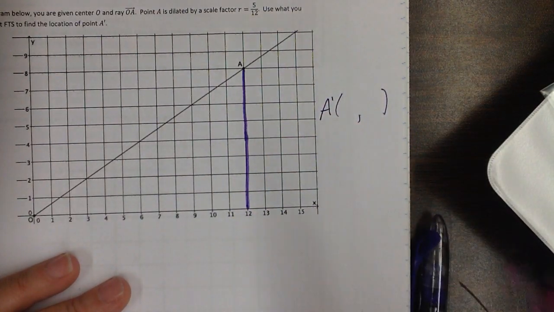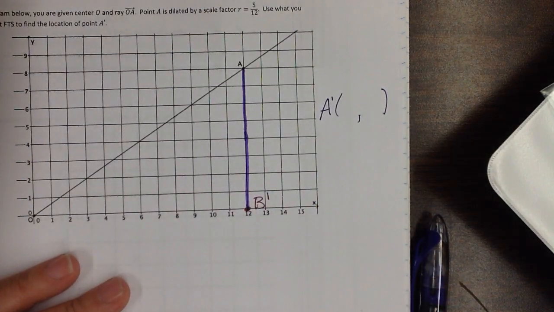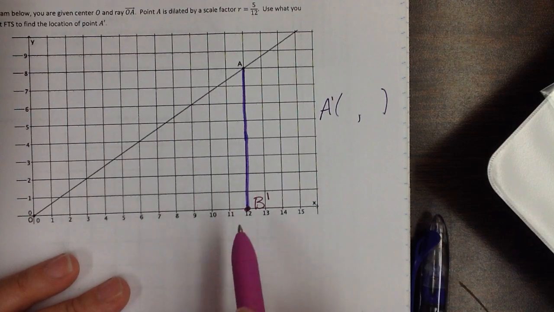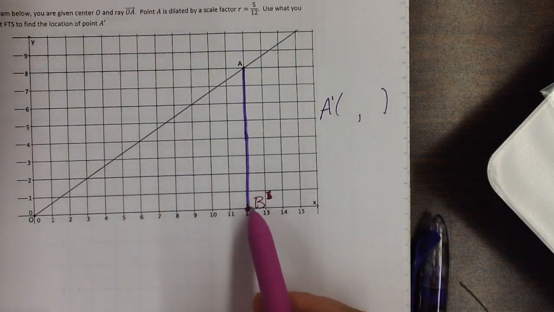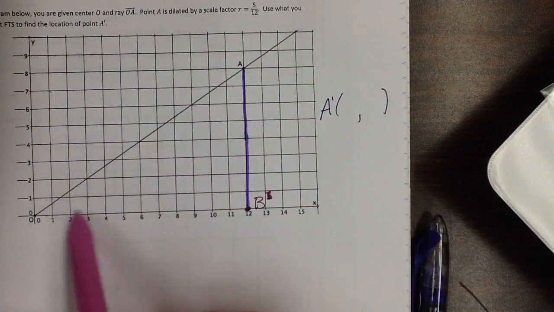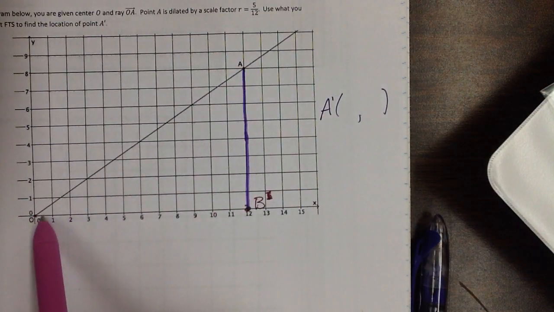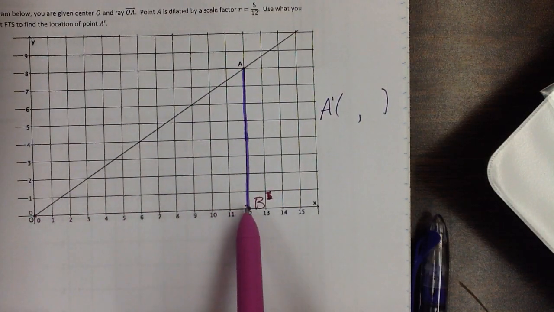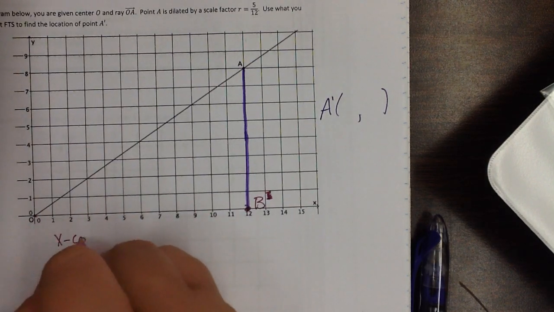Okay, down here, I'm going to put B. Now we need to find where B prime would be located using the distance from O to B and the scale factor. And I'm looking at this because B is on the x-axis. That's why it's the x coordinate.